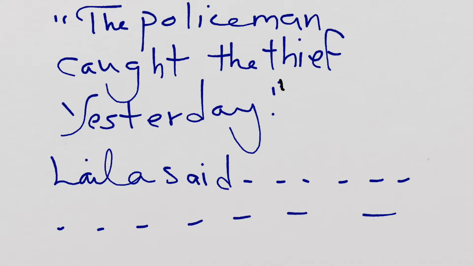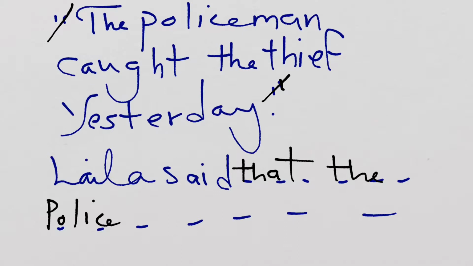First of all, cross the two inverted commas, add that. Then, the policeman, you're going to keep it as it is. The policeman is a noun, so we are going to keep it as it is. And then, pay attention to the tense of the sentence. Caught. It is not catch. Catch in the present, caught in the past. So you're going to change it into past perfect.